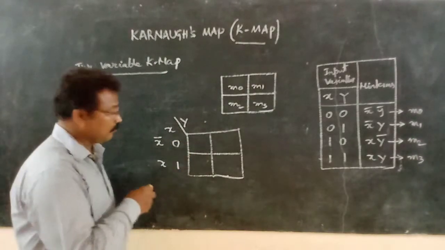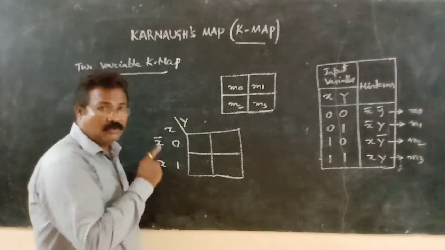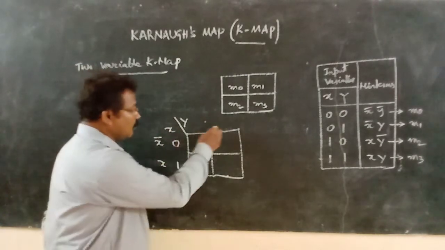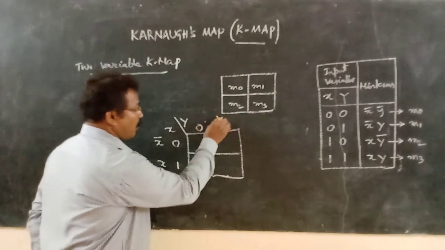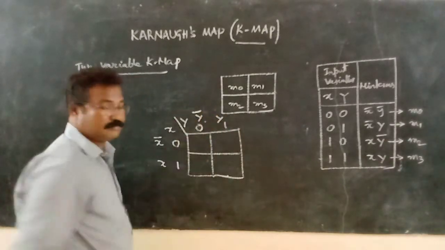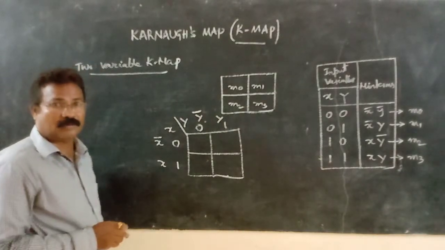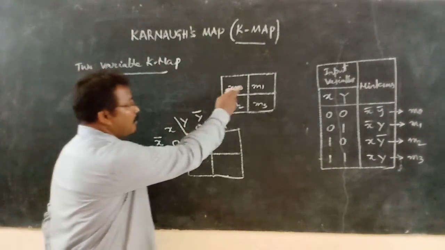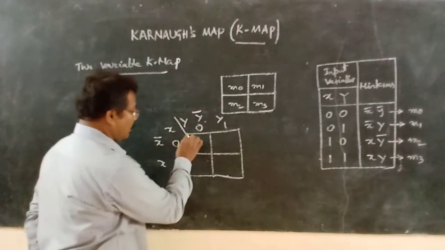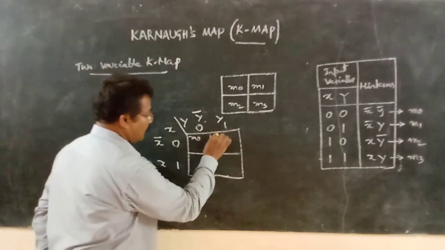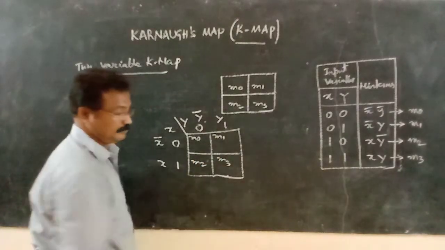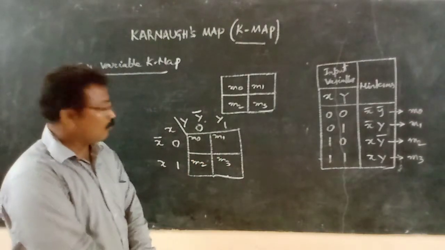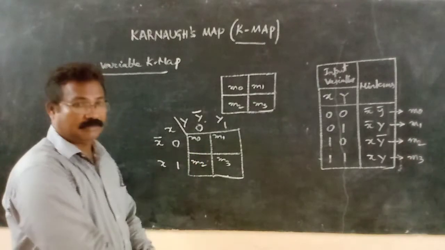In the same way, for the variable y, there is the true form and the complemented form, y and y bar. You have to specify the min-terms in this format: M0, M1, M2 and M3.